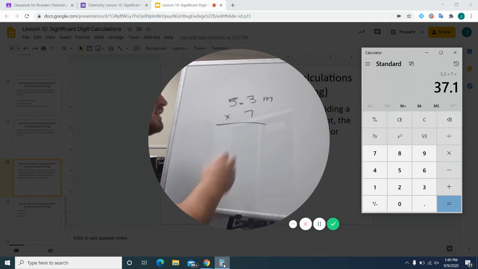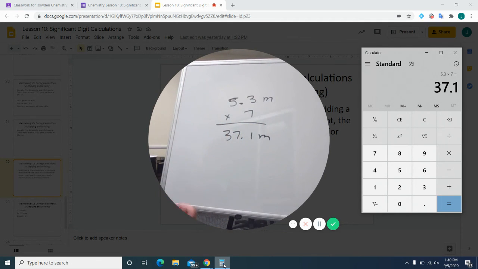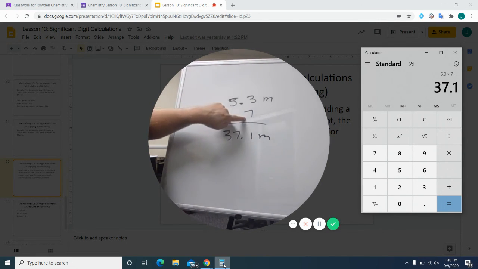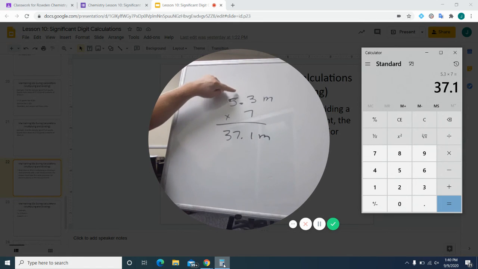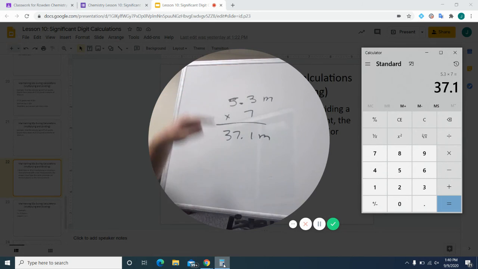Then when we do 5.3 times 7, we get 37.1 meters. Now, you might think we're multiplying, there's two significant digits. However, this is not a measurement. So instead of counting significant digits, just look at the decimal place. And so since it's at the first decimal place, then this one stays at the first decimal place. And that is our final answer.